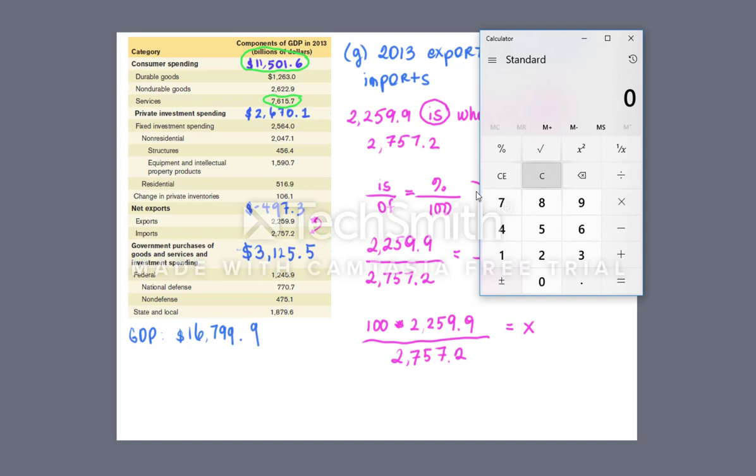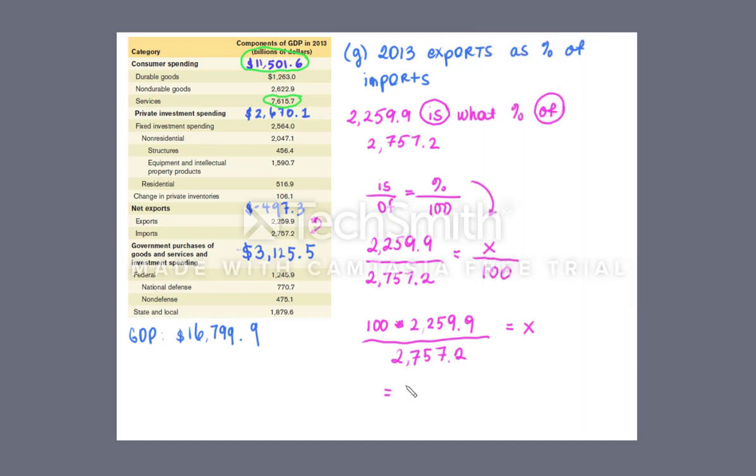82% of imports. So the idea just being, let's say this is all of our imports. Well, exports, if we were going to say how much is exports as a percent of our imports, well, exports would be a big chunk, so maybe something like that.